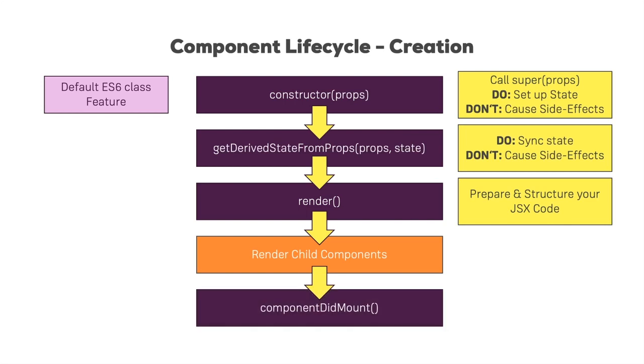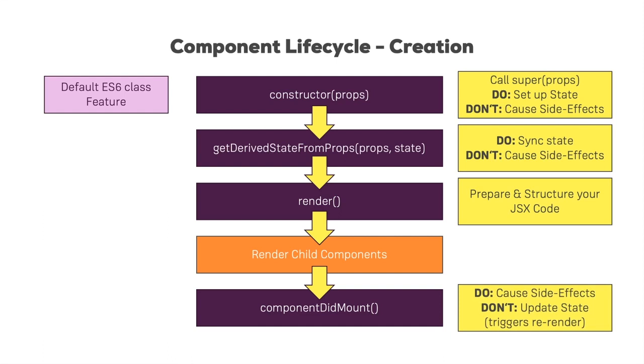componentDidMount is a very important lifecycle hook, which you'll use a lot when you're working with class-based components, because here you can cause side effects. That is a typical hook you would use for making an HTTP request to get new data from the web. What you shouldn't do in here is update this state. So don't call setState in here unless it's in, let's say, the then block of a promise after you sent an HTTP request.